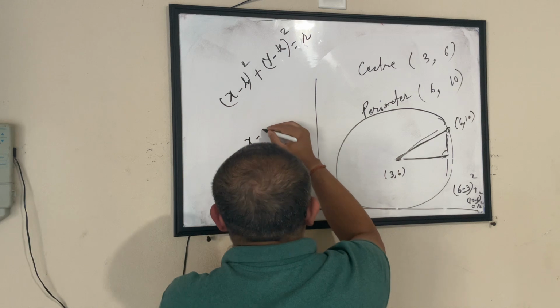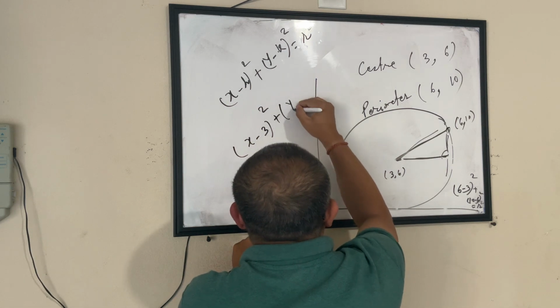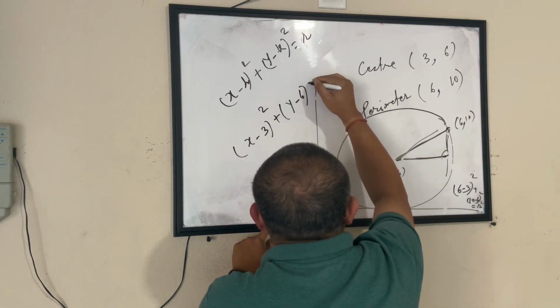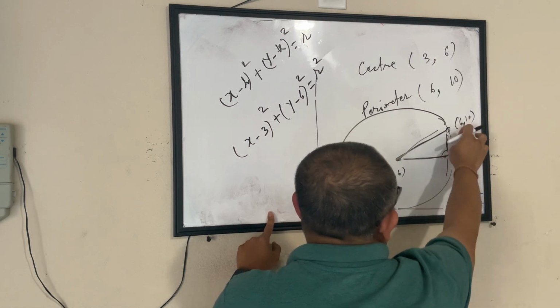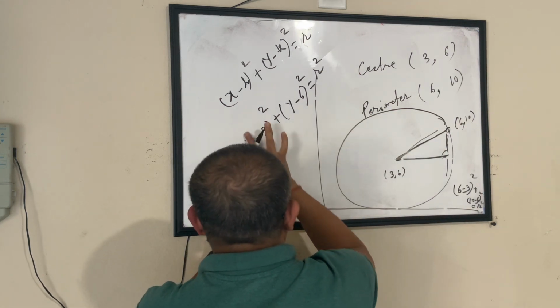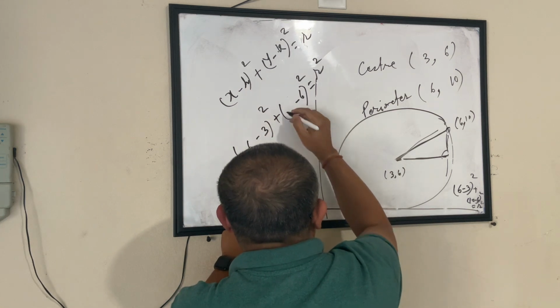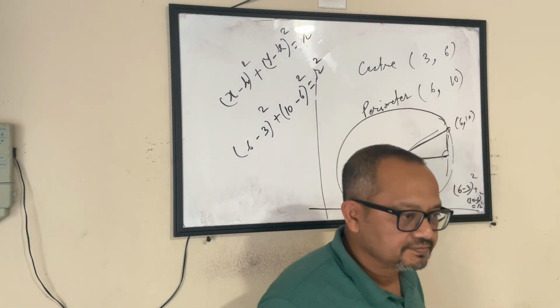Instead of h, you wrote 3, and in place of k, you wrote 6. Square equals r square, and you know that one point on the perimeter is 6 and 10. So in place of x, you wrote 6, in place of y, you wrote 10, and then you did the calculation to find it out. Any which way is fine.